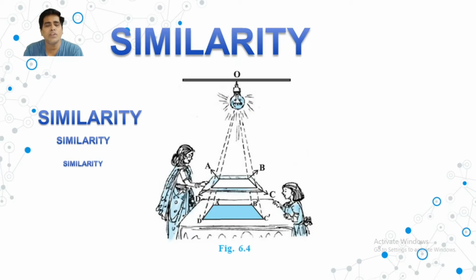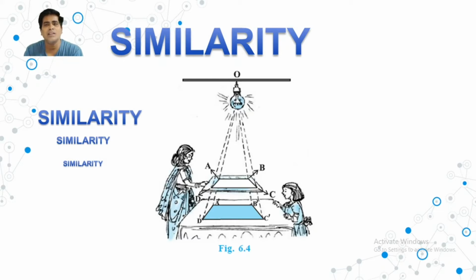One more observation they got. They checked the lengths of each and every side. In a quadrilateral, we have 4 sides, so they took the ratios of the 4 different sides. A dash B dash by AB. They measured A dash B dash as well as AB length.